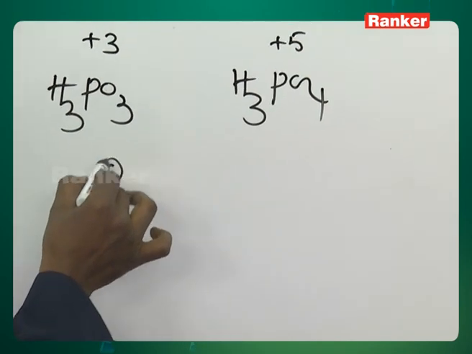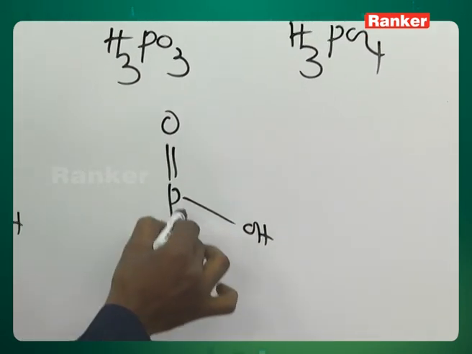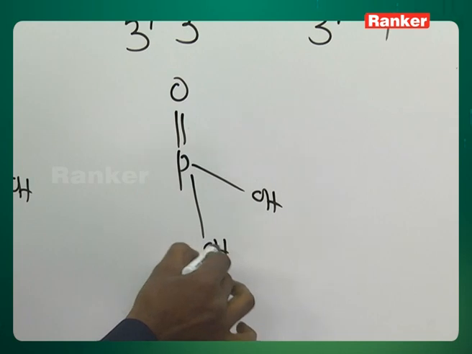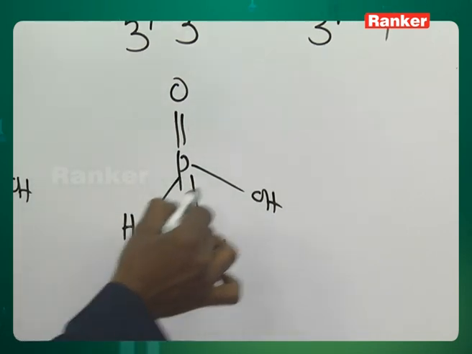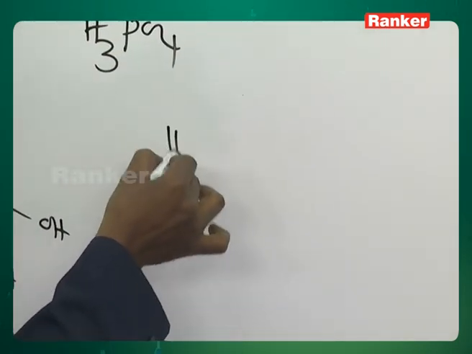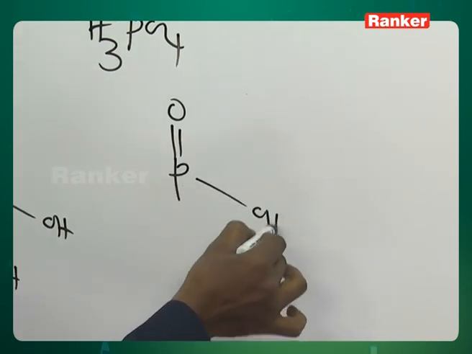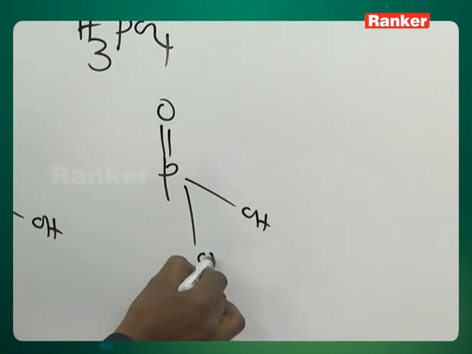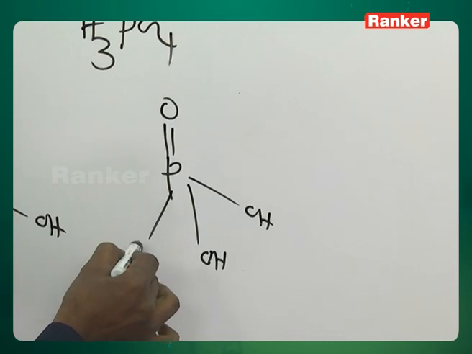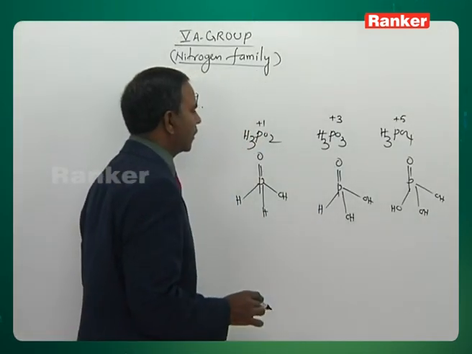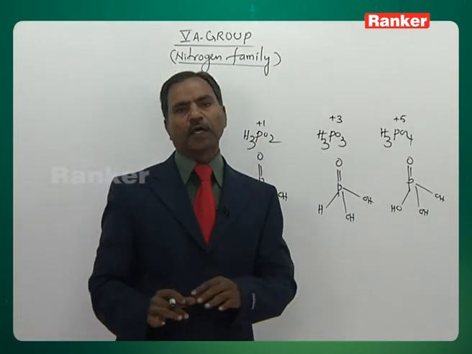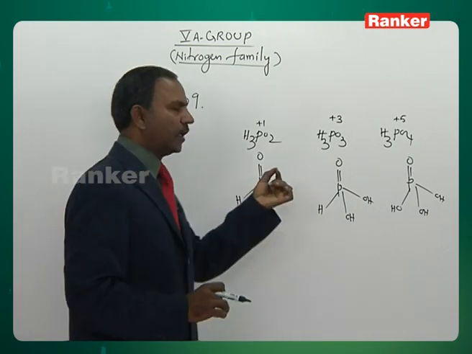In this you see P double bond O, OH, OH and H. In this again P double bond O, OH, OH and again OH. Why is there no much increase in the acidic strength? Why is there a very little difference in the acidic strength?